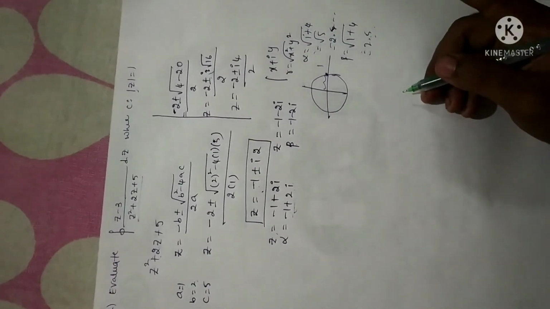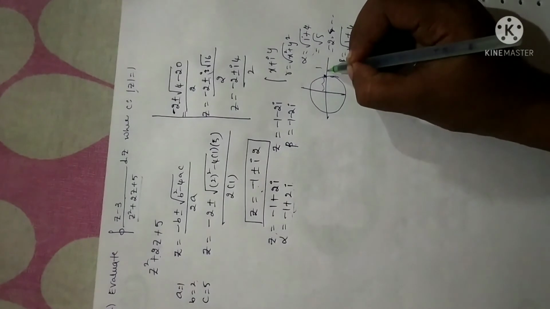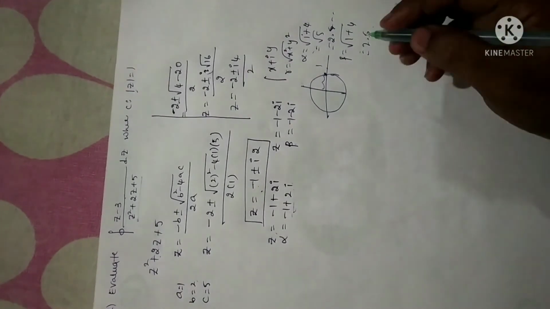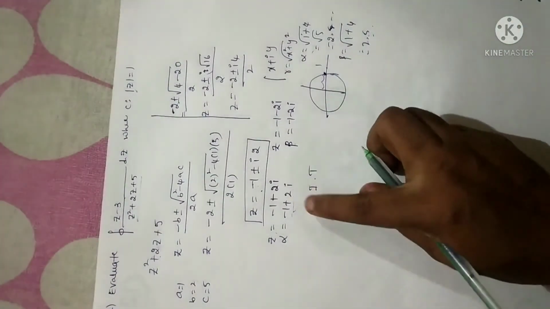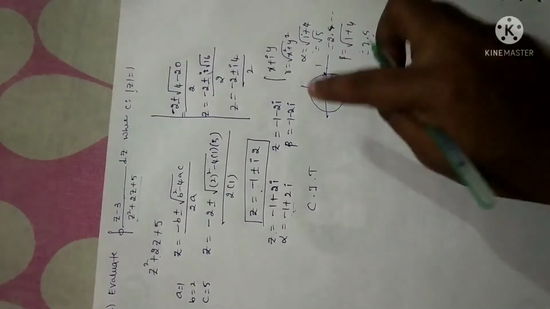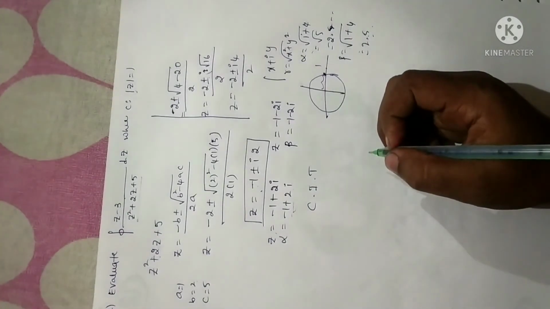Remember, as I have already told you a number of times, when a point lies outside the circle, you have to apply Cauchy's integral theorem. When a point lies inside the circle, you have to apply Cauchy's integral formula.